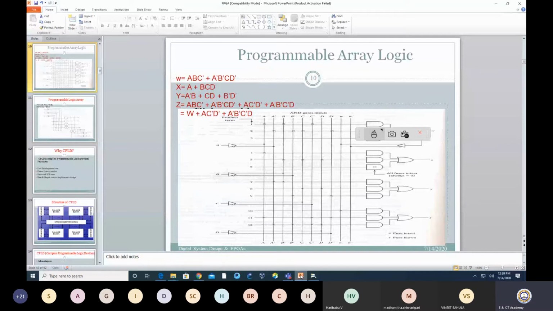Now, if I adopt this kind of architecture, can I implement all the Boolean expressions with the help of this structure? I want your answer. Whether this PAL structure would help me implement all Boolean expressions.